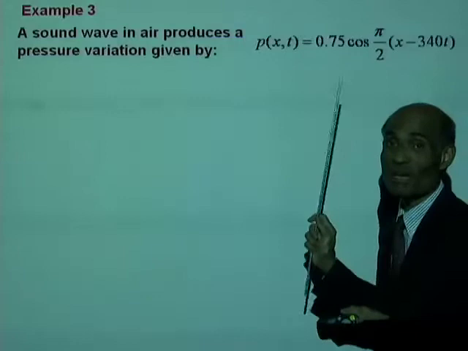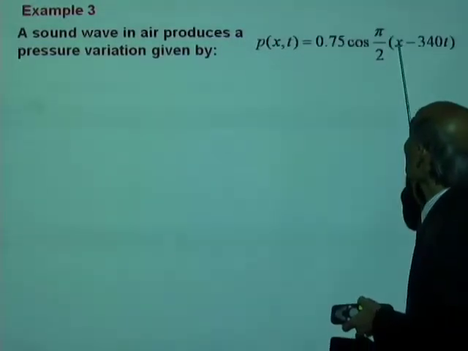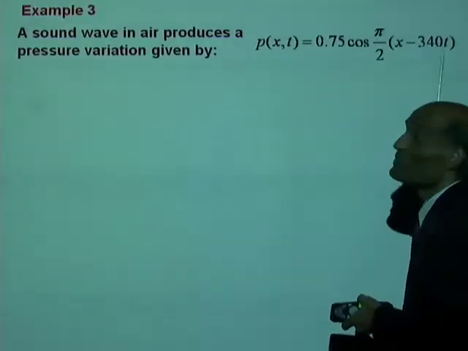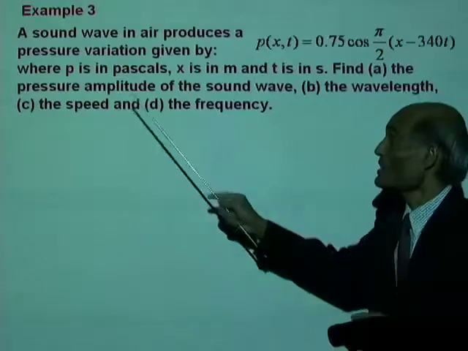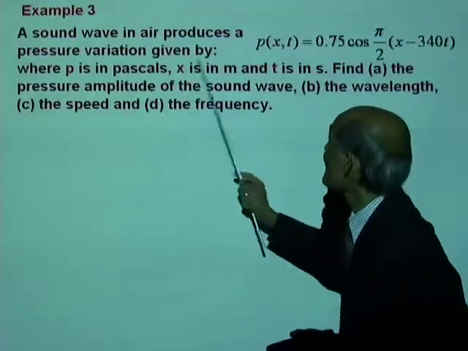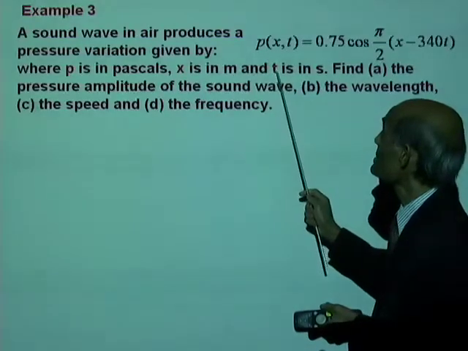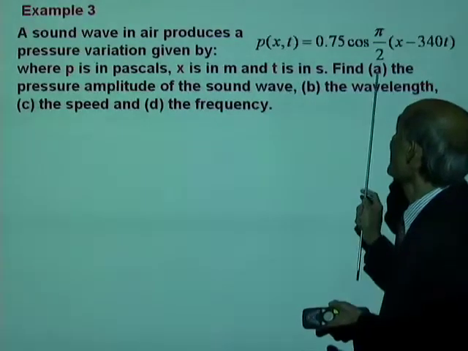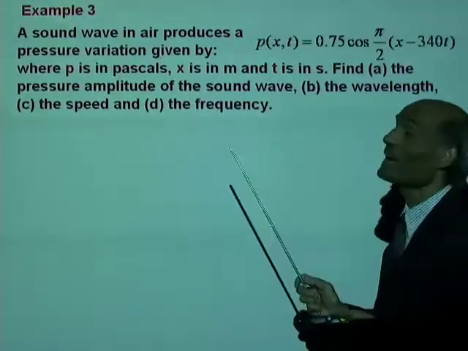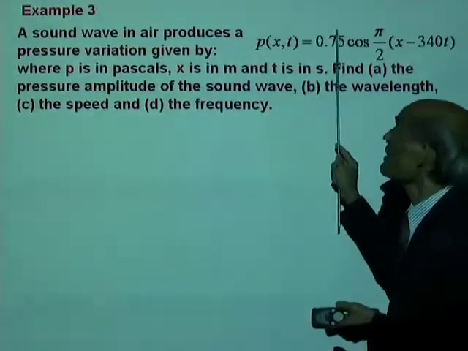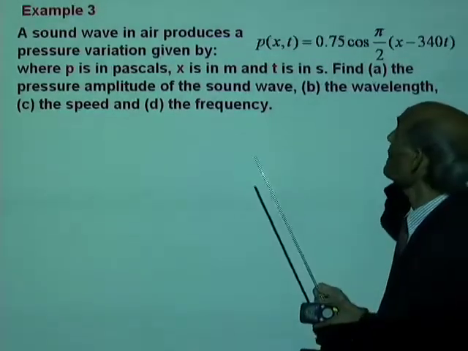Is that right? So your k is pi by 2, v is 340, that's the speed of the wave, where P is in pascals, x is in meters, t is in seconds. Find the pressure amplitude of the sound wave. Well, there's nothing there to find, it is there. This is the pressure amplitude of the sound wave.